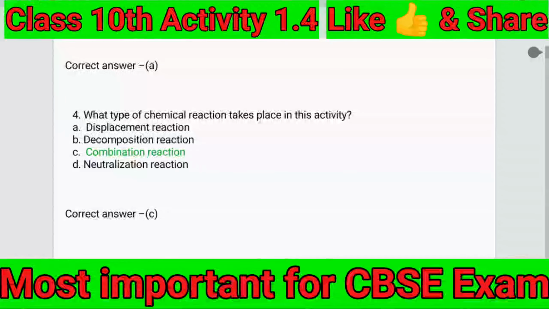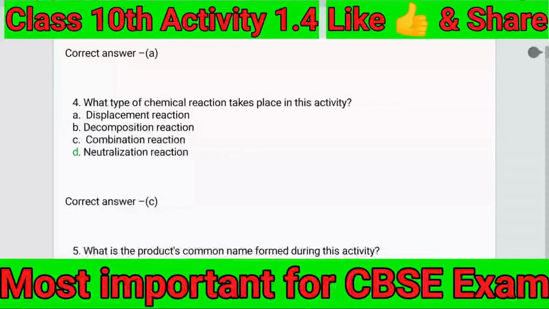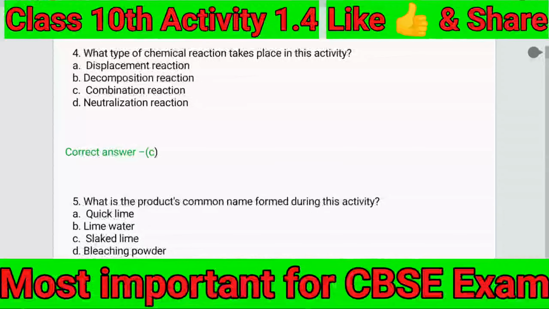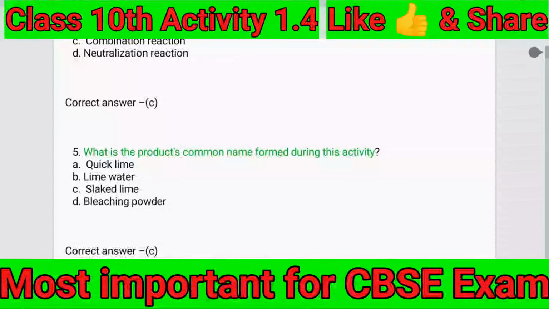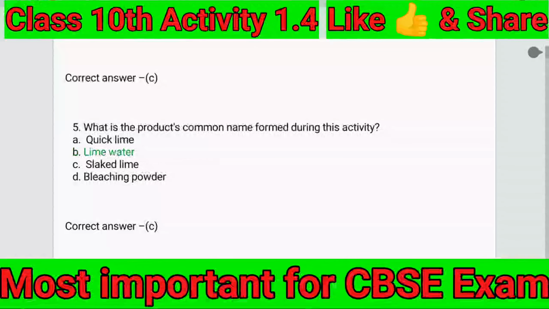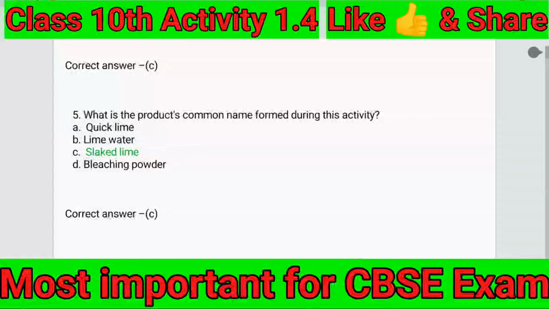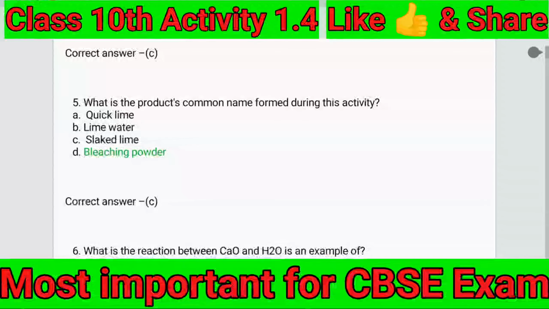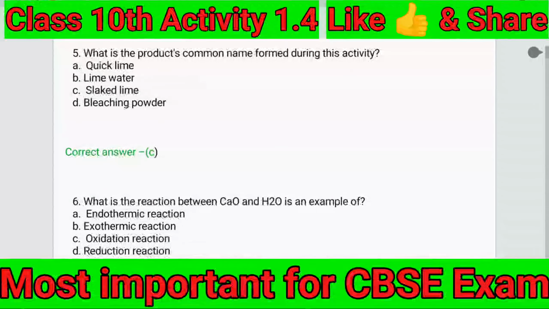C. Combination reaction. D. Neutralization reaction. Correct answer, C. 5. What is the common name of the product formed during this activity? A. Quicklime. B. Lime water. C. Slaked lime. D. Bleaching powder. Correct answer, C.